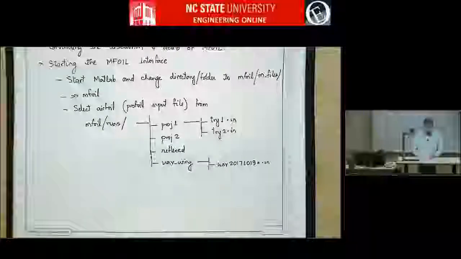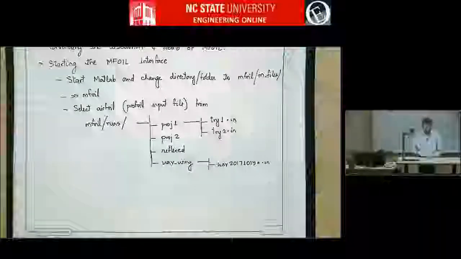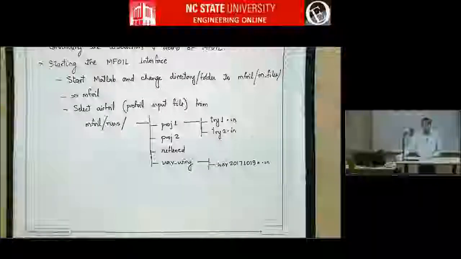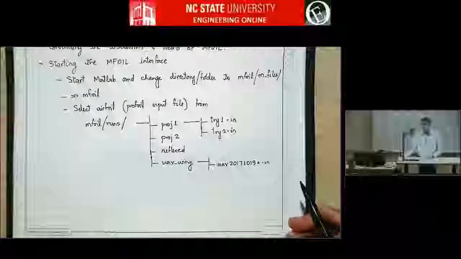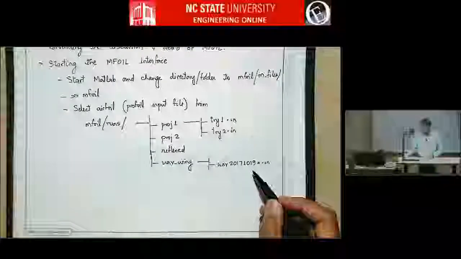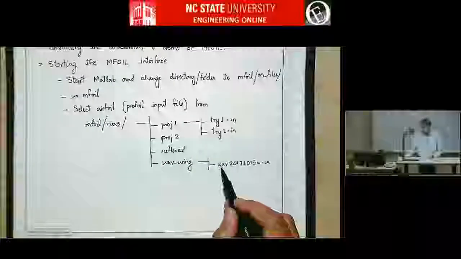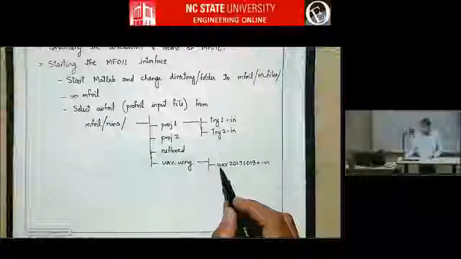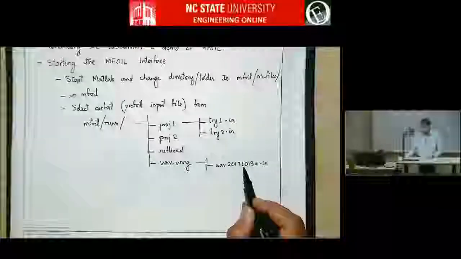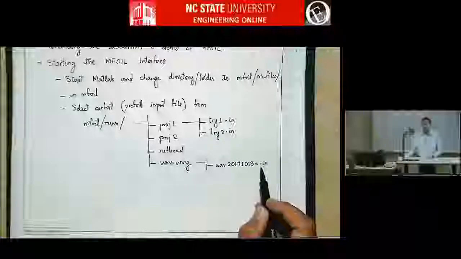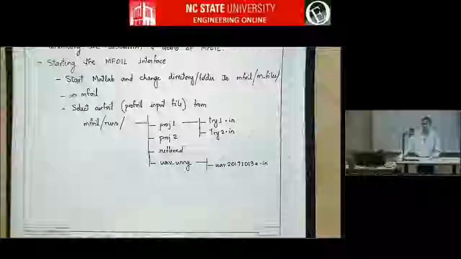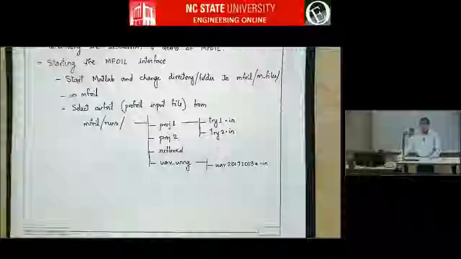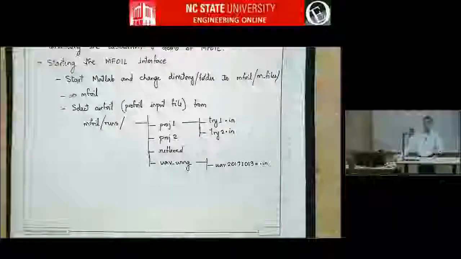So you create folders that make sense for you, and this is how I try to keep things straight. I usually number it with something like UAV 2017 October 19th A, because in a given day I might design 10 airfoils. Designing an airfoil doesn't usually mean a long, laborious task.